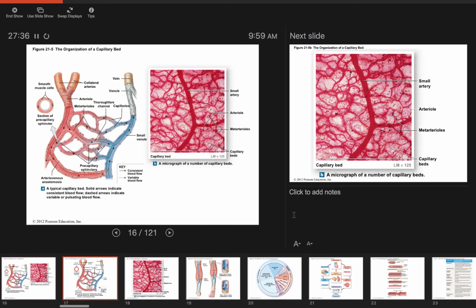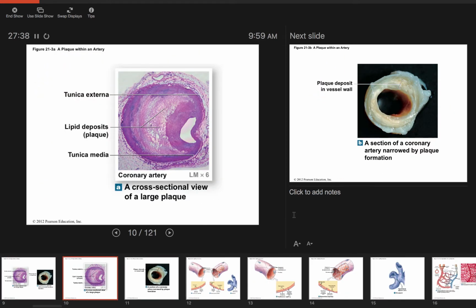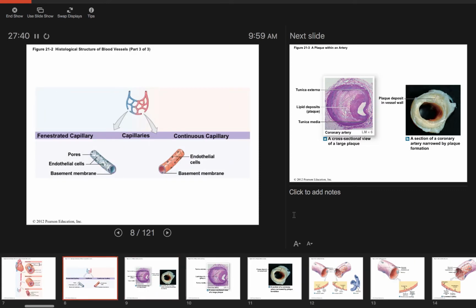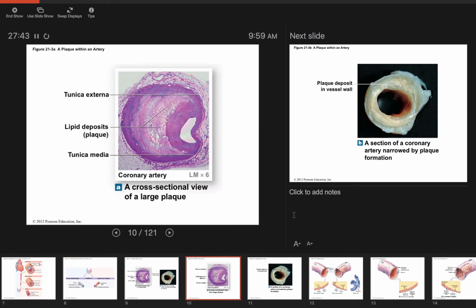When you have plaquing, right? So here's a blood vessel here. And you can see all this plaquing in here. So this is the only open lumen that there is. That's going to create a lot of resistance on blood flow.